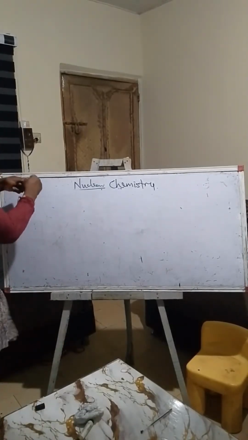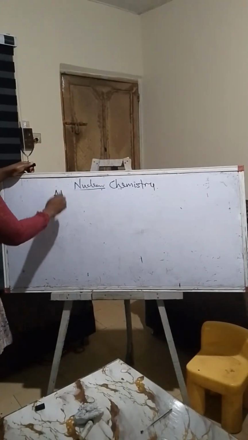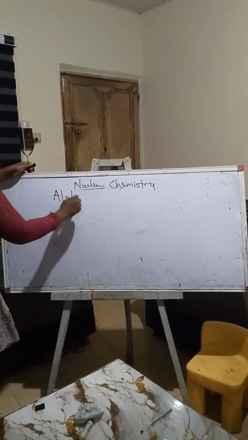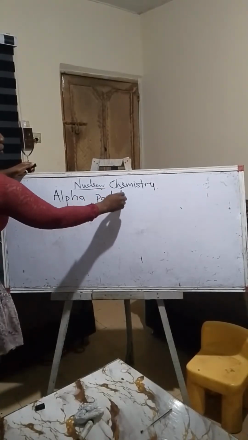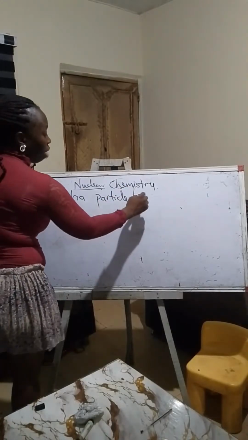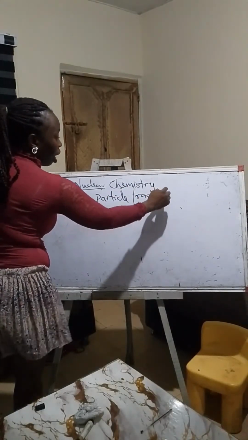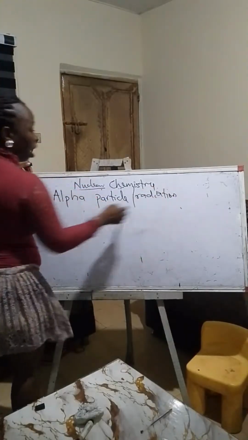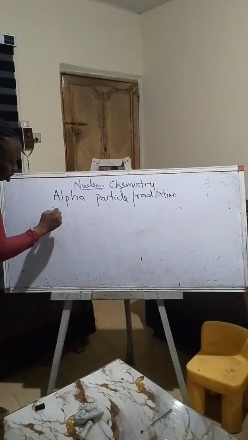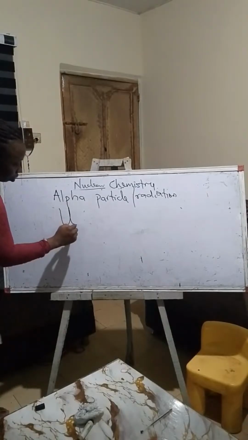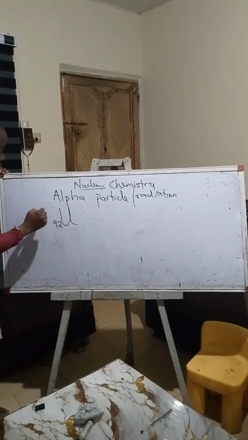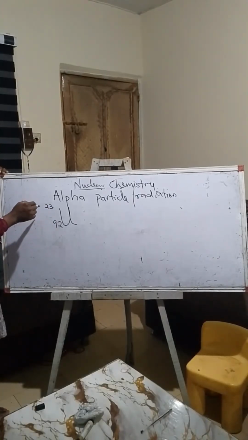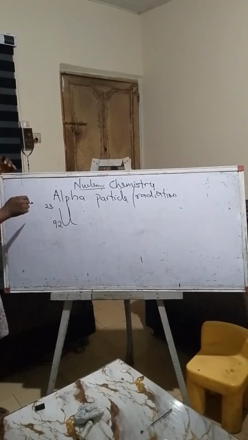Starting from the alpha particle or alpha radiation. Let's use uranium. We know uranium to be 92.